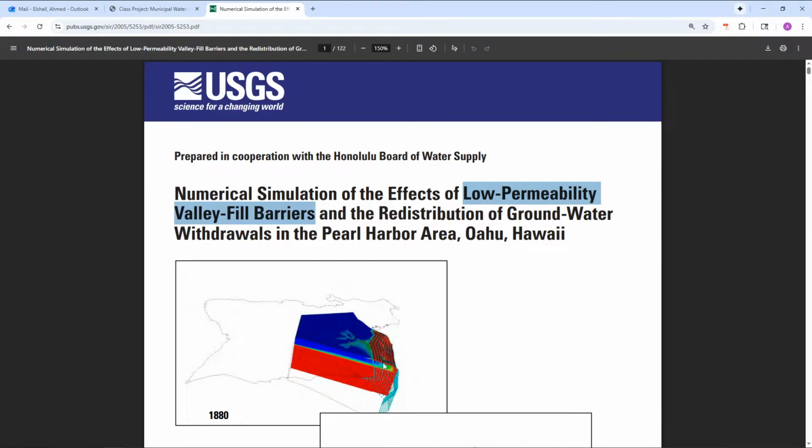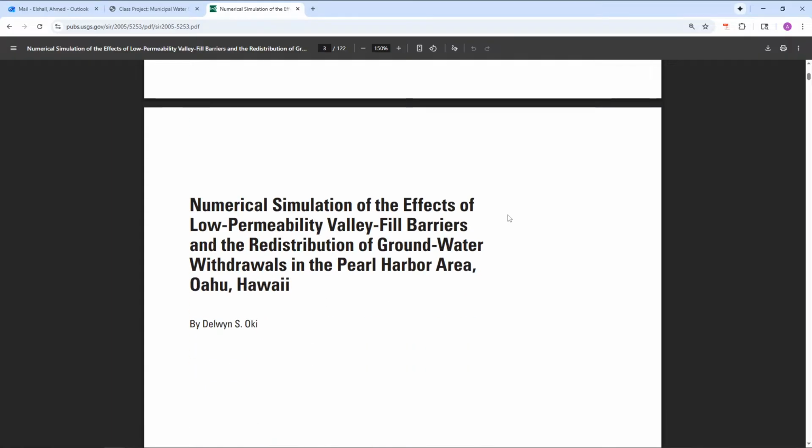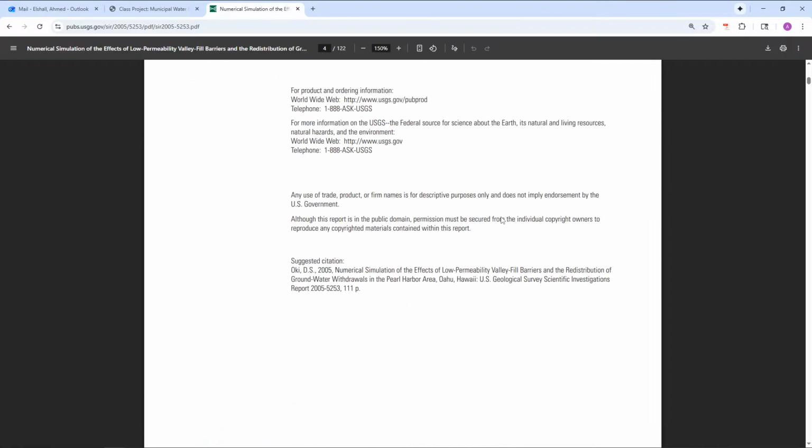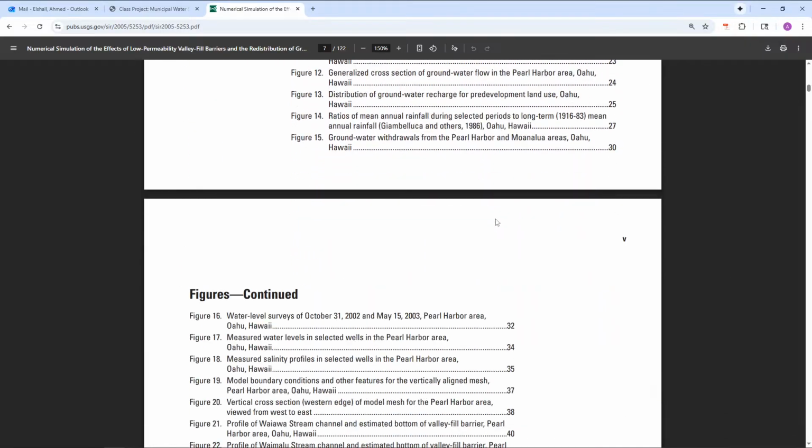They act as a barrier, and then we want to redistribute groundwater pumping, the withdrawal, in order to do some mitigation. Here you see the cover page and the table of contents.